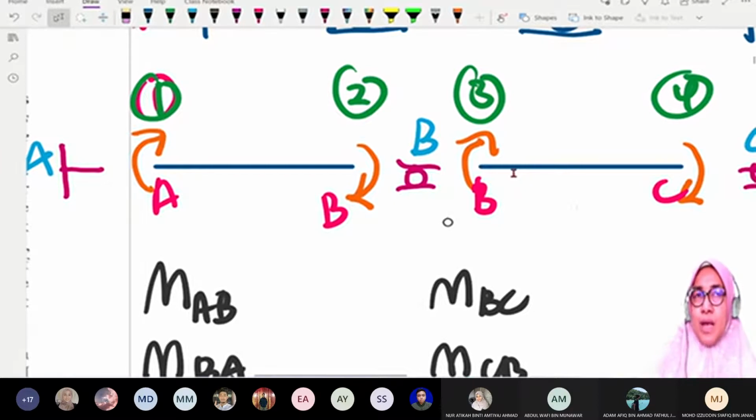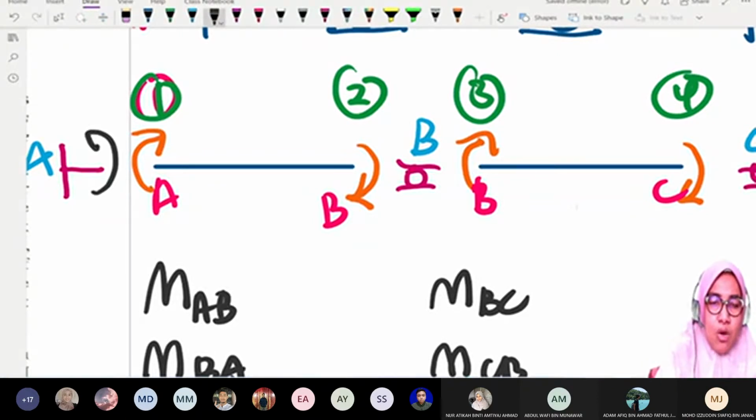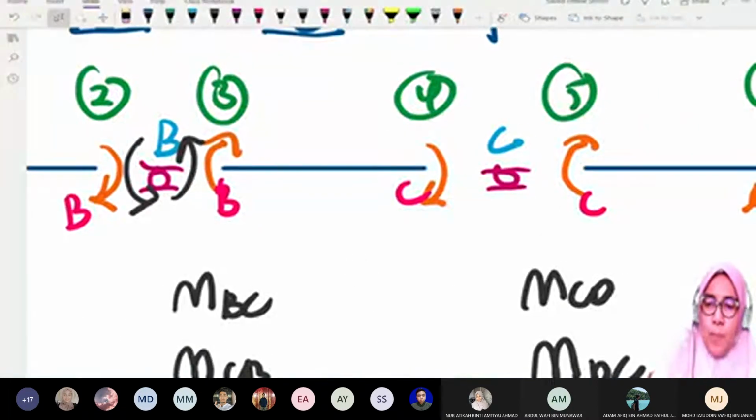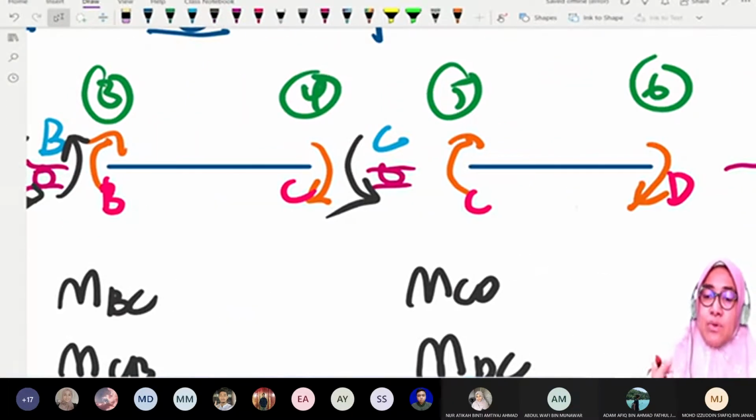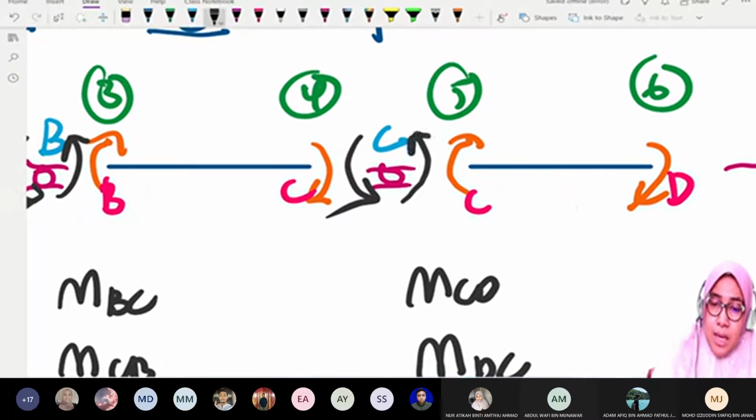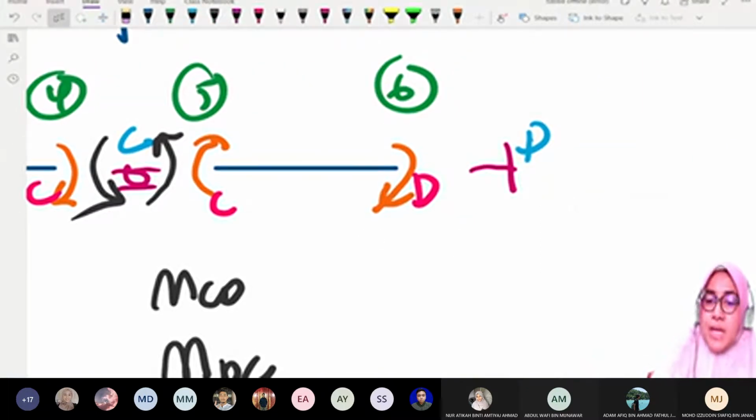We have joints, we have members, and the moments for members are always assumed clockwise, but the joint moment is always opposite to the member end moment. So at the joint it is always opposite to the orange one. At B it is opposite, at each one it is opposite. At number 4 it is clockwise, so at C the joint moment opposes it. At number 5 it is clockwise, so at C the joint has another moment opposing it. At number 6 it is clockwise, so at joint D it opposes it.